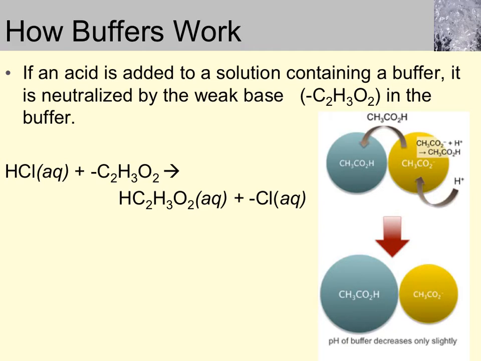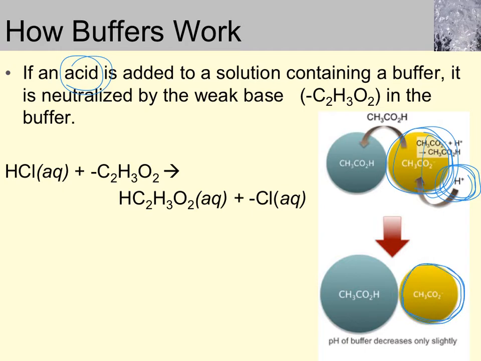Similarly, if you contaminate a buffer system with an acid, and we're going to designate that just by showing a hydrogen ion, the part of the buffer system that's going to chew up contaminant acids, obviously, is the conjugate base part of the buffer. As a result, you're going to end up with a little bit less of the conjugate base that you started with.